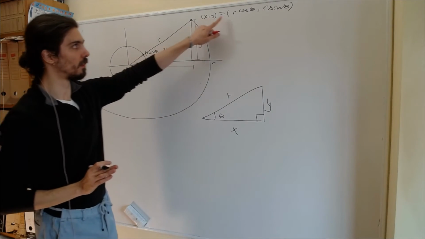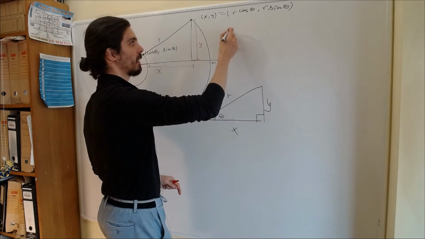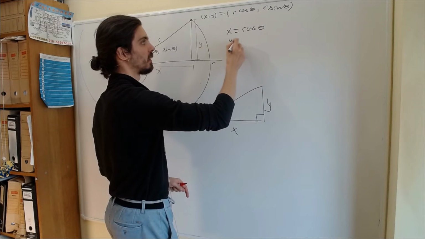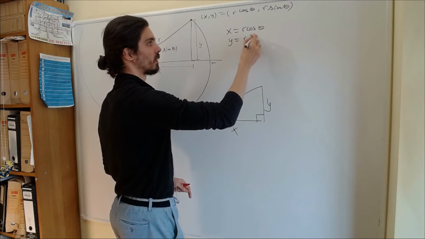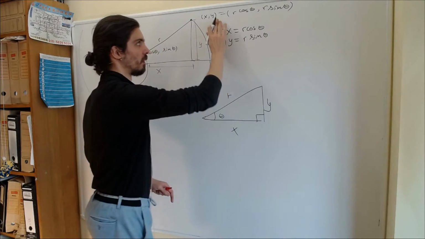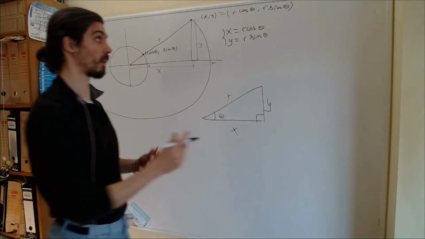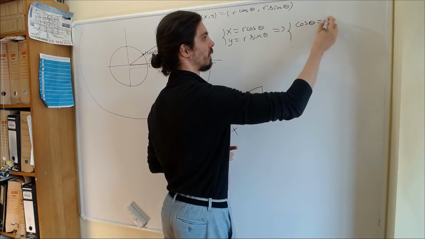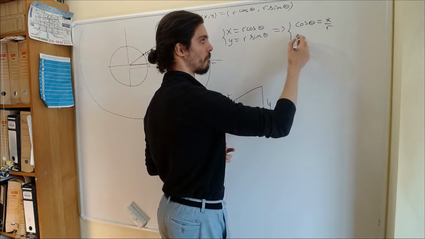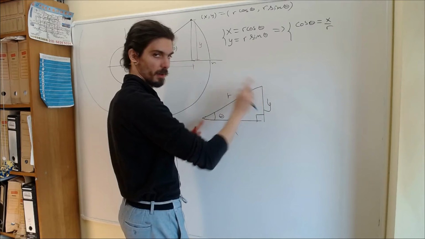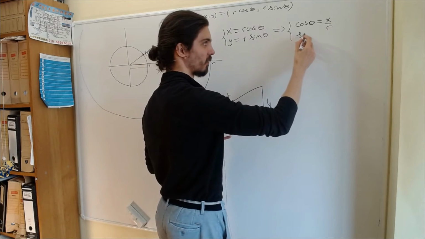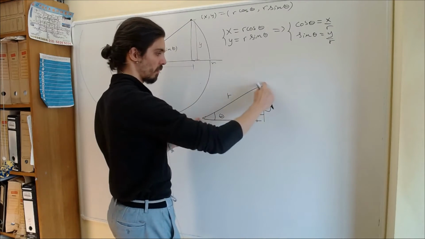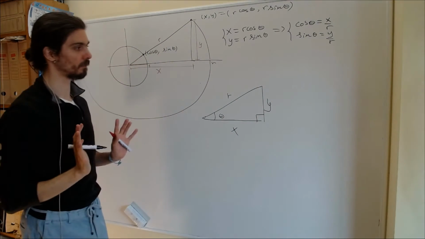Well, if x is equal to r cosine of theta and y is equal to r sine of theta, you just rearrange this, which implies that cosine of theta is x divided by r, and sine of theta is y divided by r. Okay?